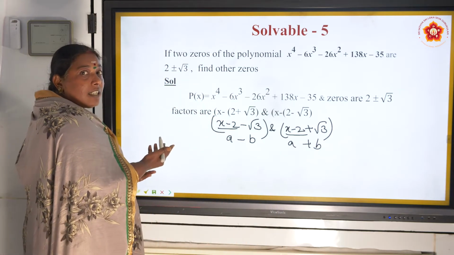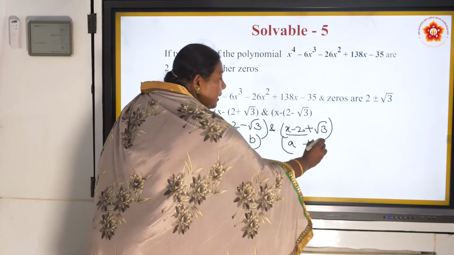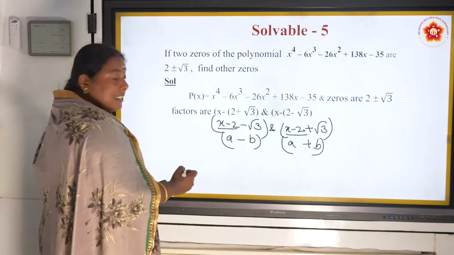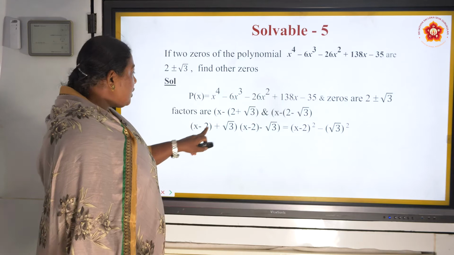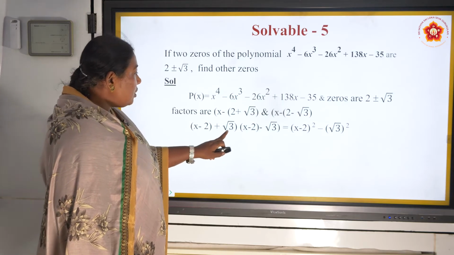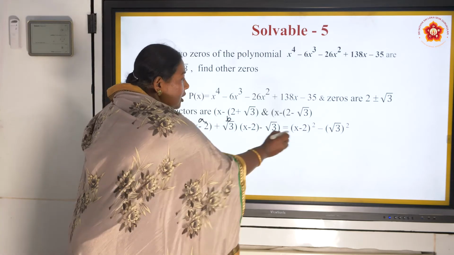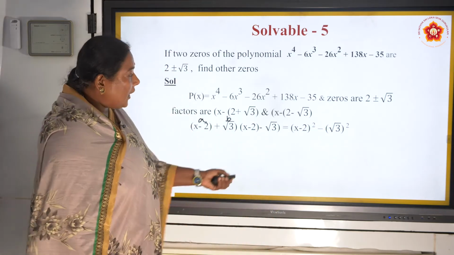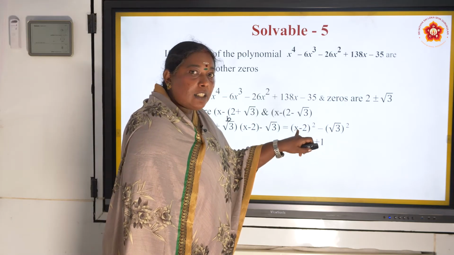Where? In 8th standard, identities. So a minus b into a plus b, what do you get? a square minus b square. That is what we are going to do here. See, x minus 2 taken as a, plus root 3 and here minus root 3. So this becomes a, this becomes b, a square minus b square. So the expansion, what is this? a minus b the whole square formula.